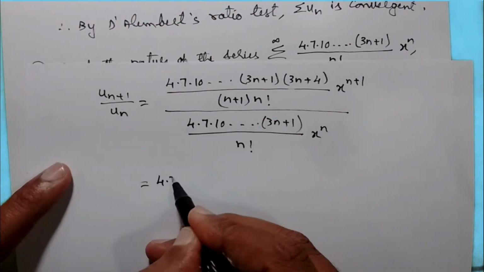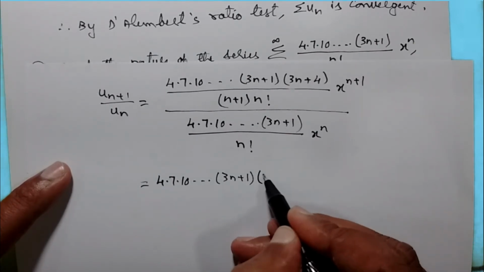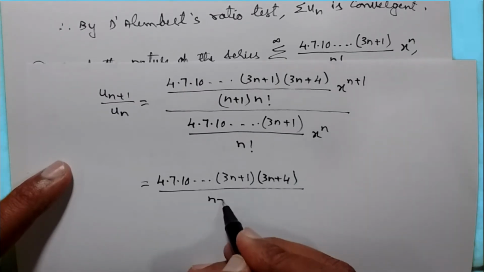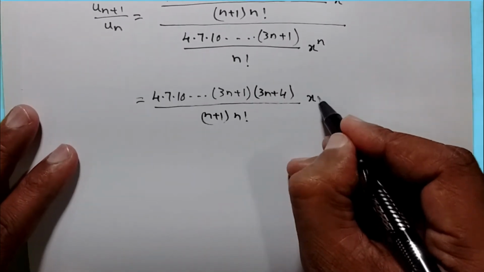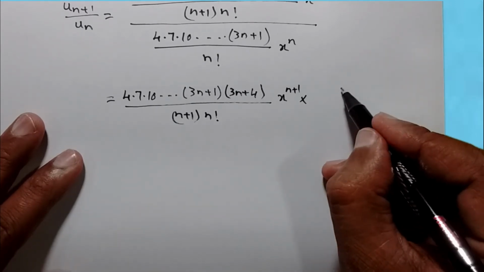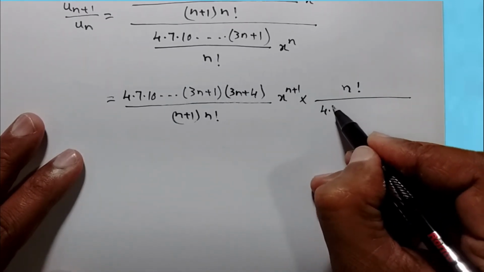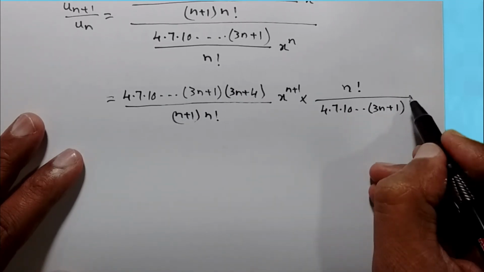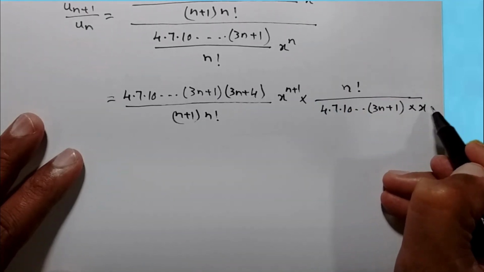It's 4 into 7 into 10, numerator as it is. So if I take that in the numerator, it becomes reciprocal. It becomes n factorial divided by 4 into 7 into 10 and so on, 3n plus 1, and this x power of n also will come in the denominator.